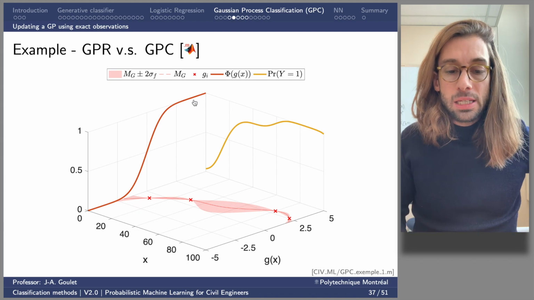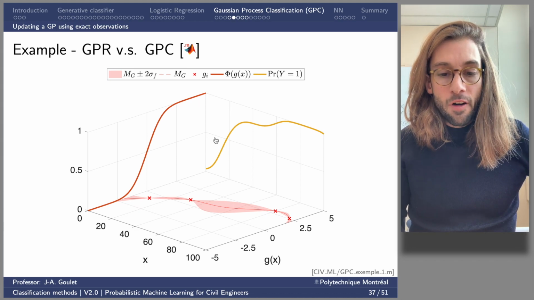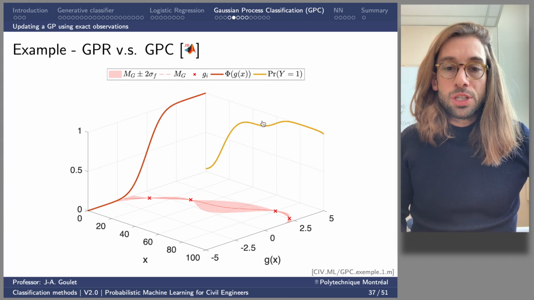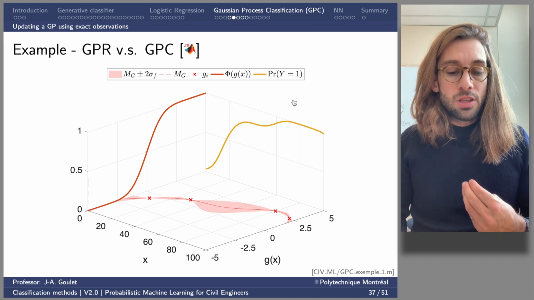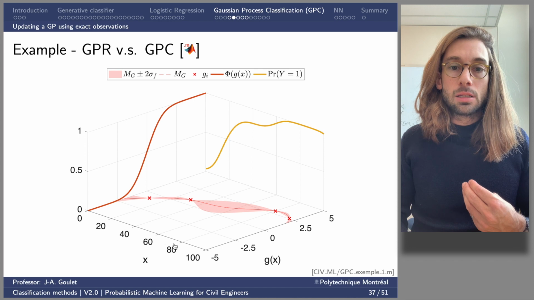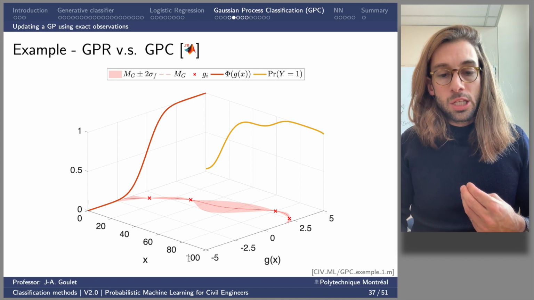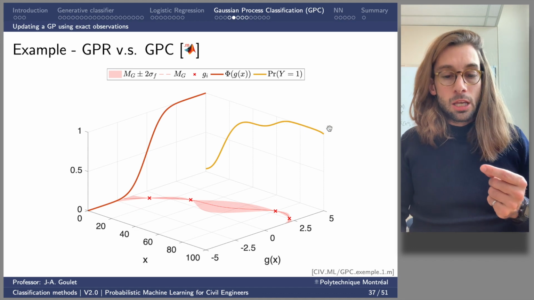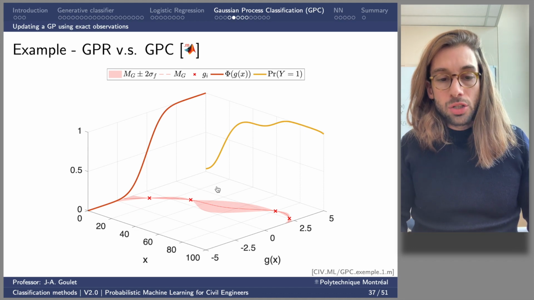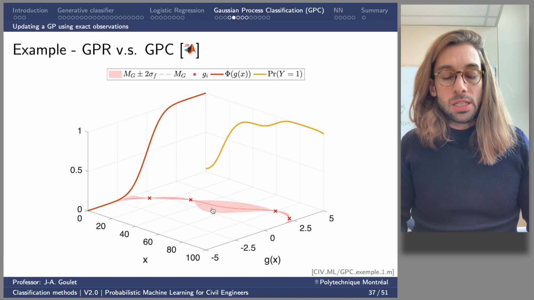The output of this is the function we see in yellow, which represents the conditional probability of y equal 1 given the values of x. This is going to be the discriminative classifier we're trying to obtain. But keep in mind, this here has uncertain value. This is a deterministic function.